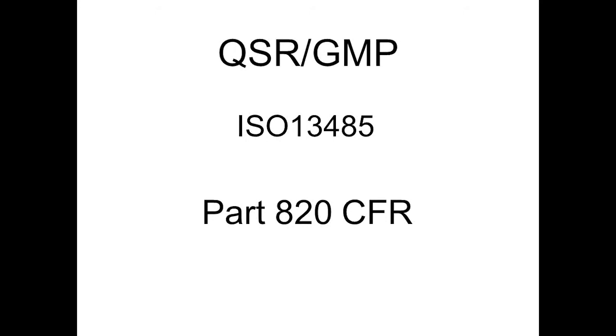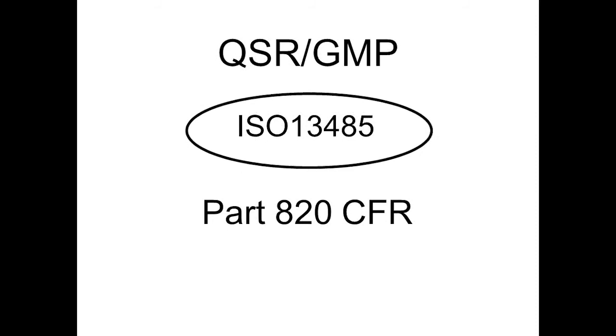Now, turns out if you meet Part 820, then you will satisfy the FDA's guidelines. The problem is Part 820 isn't approved or acknowledged over the whole world. So if you want your product to be available to any country, it's better to seek approval or compliance with ISO 13485.